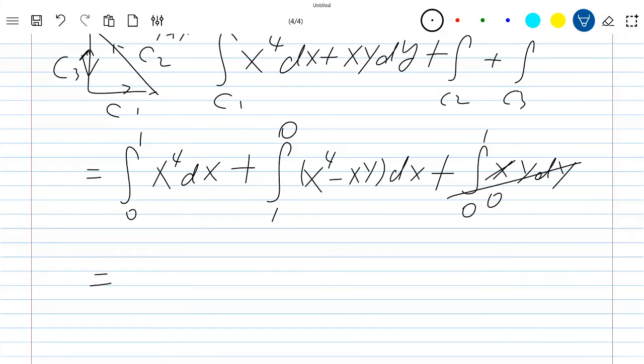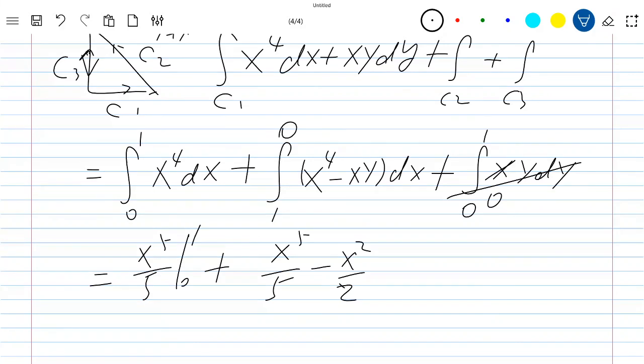Okay, so let's see the first term. Then you have x to the fifth over 5 plus, and this will give you x to the fifth over 5 minus x squared over, sorry, x squared over 2 times y.